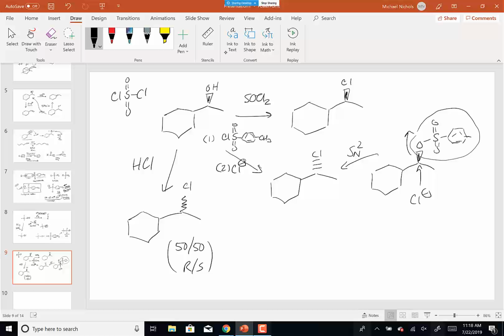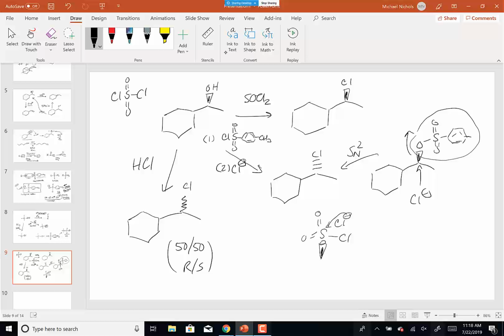So it adds, the OH then becomes like this, and then with the oxygen. So then the chloride you just lost can then come in and attack that sulfur and then kick the whole group off. So it retains the configuration that way. The book does a better job in going through the details. I would just like you to remember it retains.